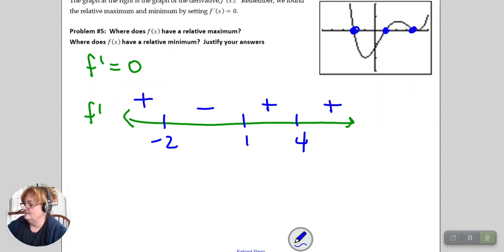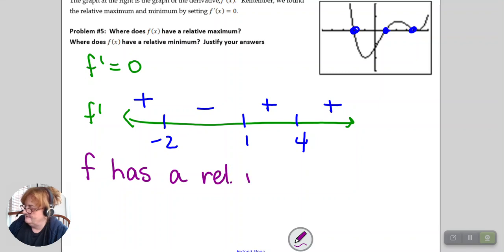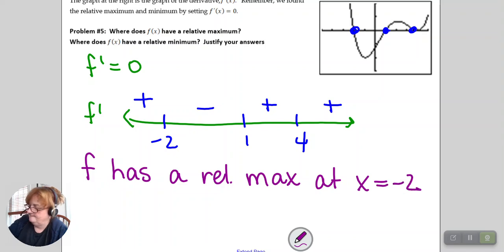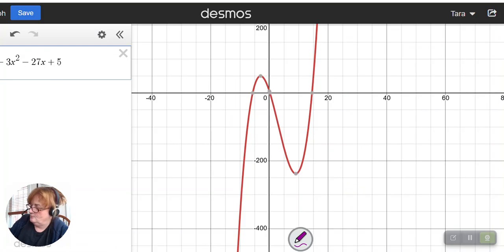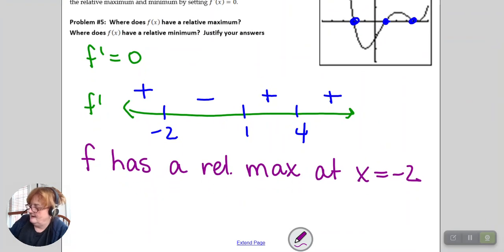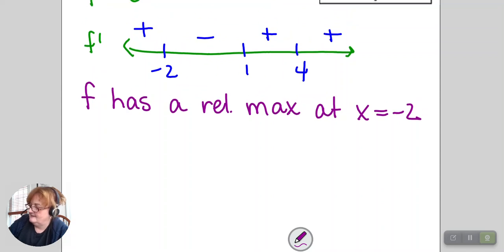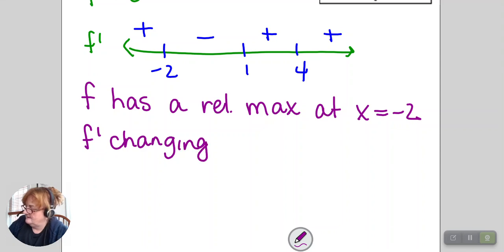So what do we know? We know f has a relative maximum at x equals -2. I know that because I can see f prime changing from positive to negative.